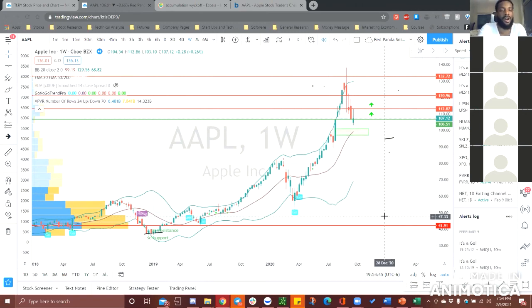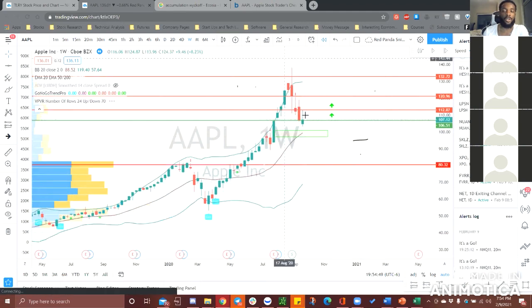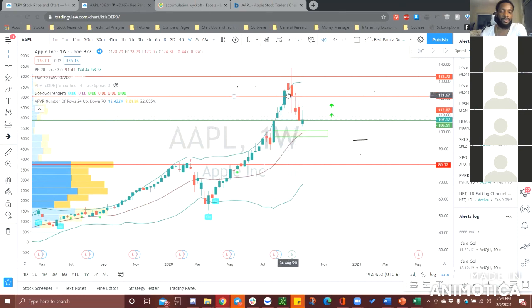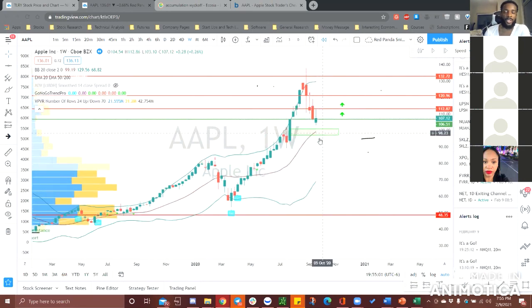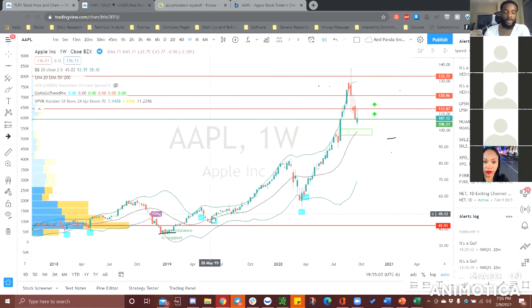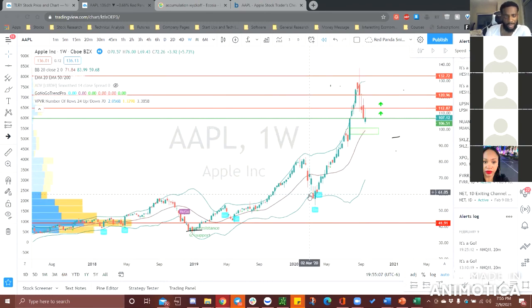Sometimes it's hard to find out exactly how low it's going to go, so that's why you use the charts. Sometimes the price can do fake drops, so puts can be a little dangerous. But in this case, Apple is performing very well, actually a really nice chart.